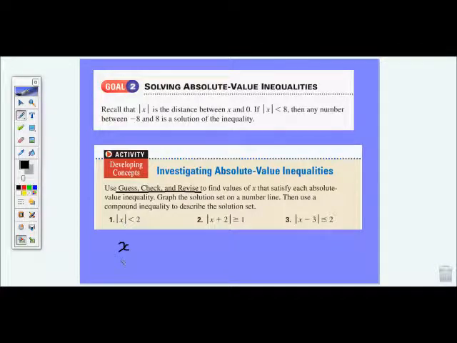So I could put that my x needs to be less than my positive 2, but it would also need to be greater than a negative 2.